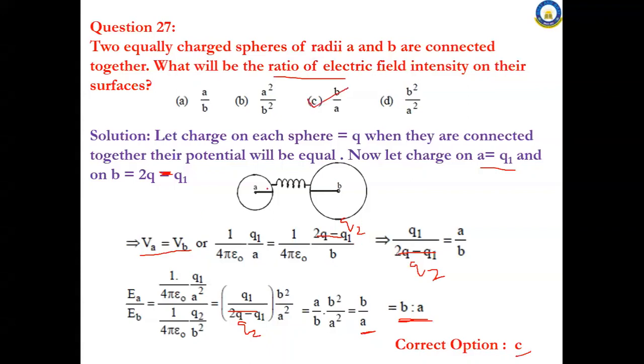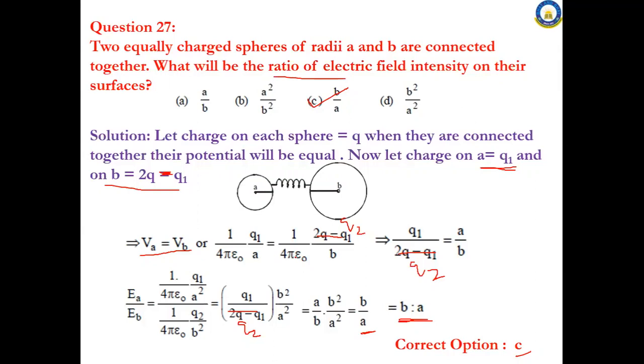So there are some corrections here. Please note down, students. You can either take this point or you can directly take Q1, Q2. Need not consider Q1 and 2Q minus Q1. Again, you are getting the same thing there. Please note down the steps, students. The point here is the potential on the two charged spheres is the same.